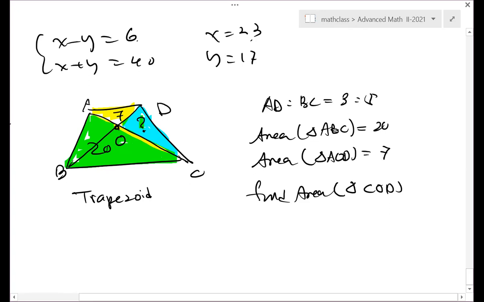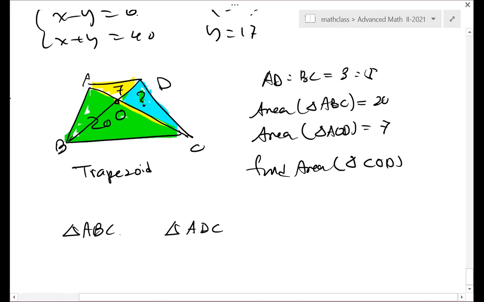Okay, so the idea is very simple. Look at the triangle ABC and the triangle ADC. These two triangles have the same height, but not the same length, right?